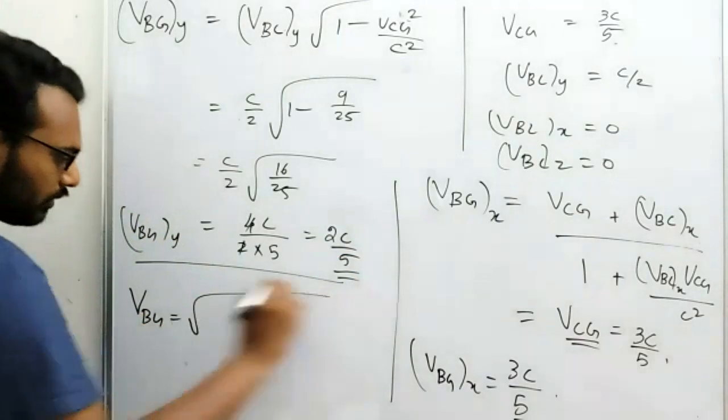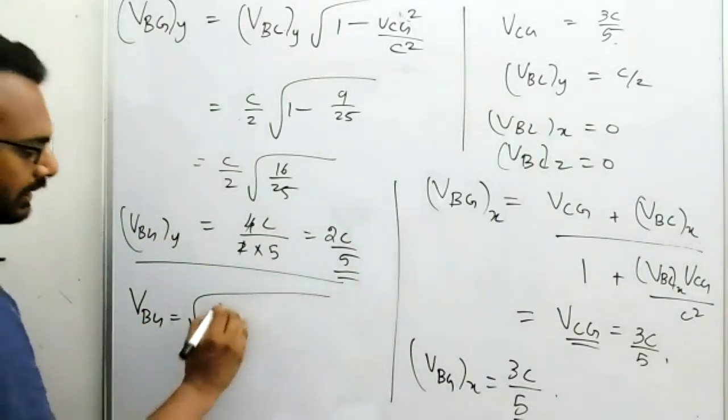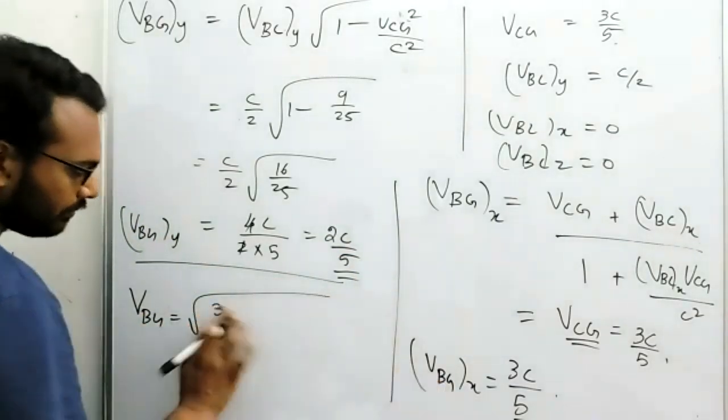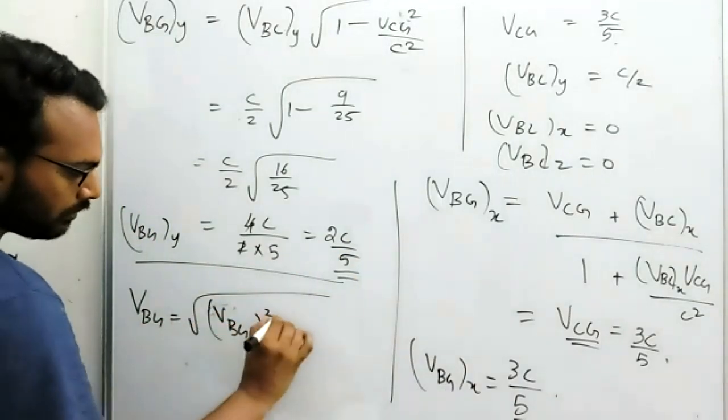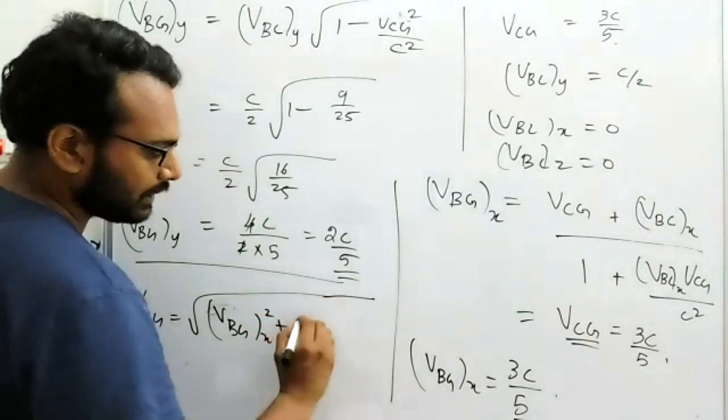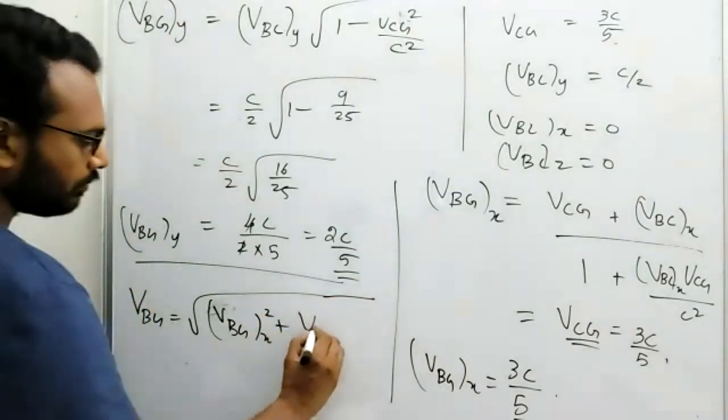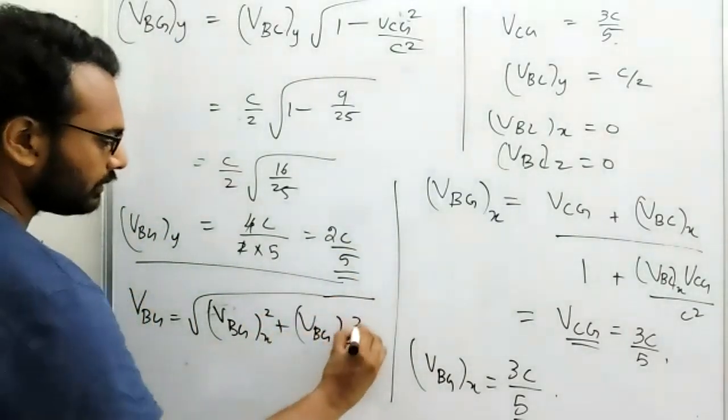So you have to take the components, square and add them. That is v_bg x square plus v_bg y square.